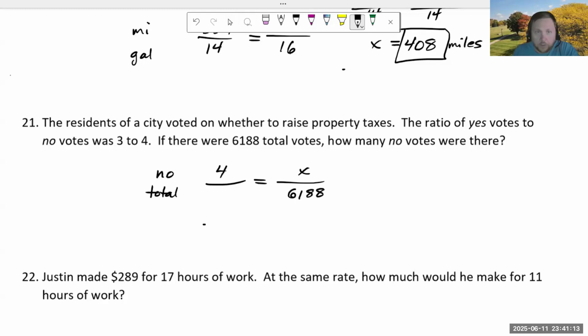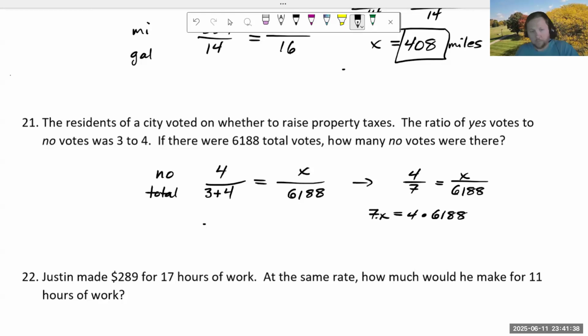To figure out the total, I'm just going to add the 3 and the 4. So then I have 4/7 equals X over 6,188. I cross multiply, so I have 7X equals 4 times 6,188. Then I divide by 7.